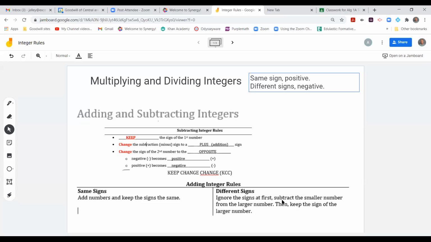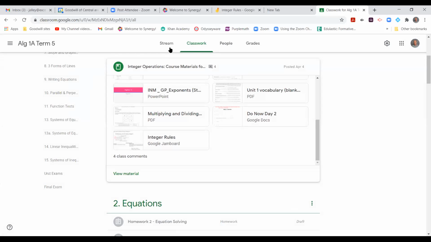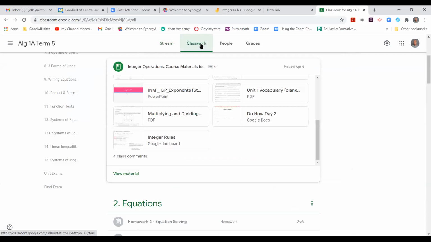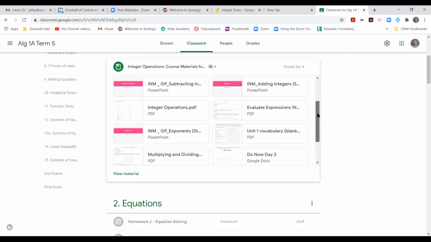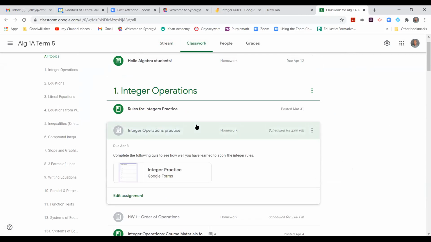There's one assignment that's going to pop up. I think I have it scheduled for later today. Yeah, there's a practice assignment. And at 2 o'clock, the first homework assignment will pop in here.